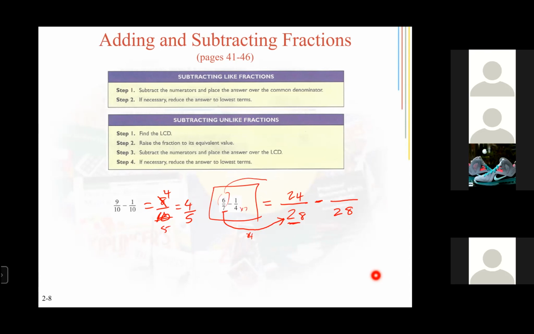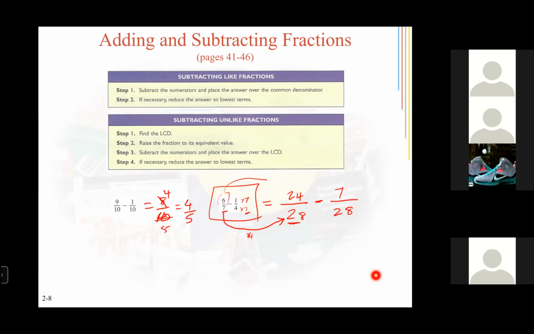And then 4 times 1, no. What did you multiply the 4 by? 7. So you have to multiply 1 times 7, which equals 7. Okay, so now you have 24 over 28 minus 7 over 28.